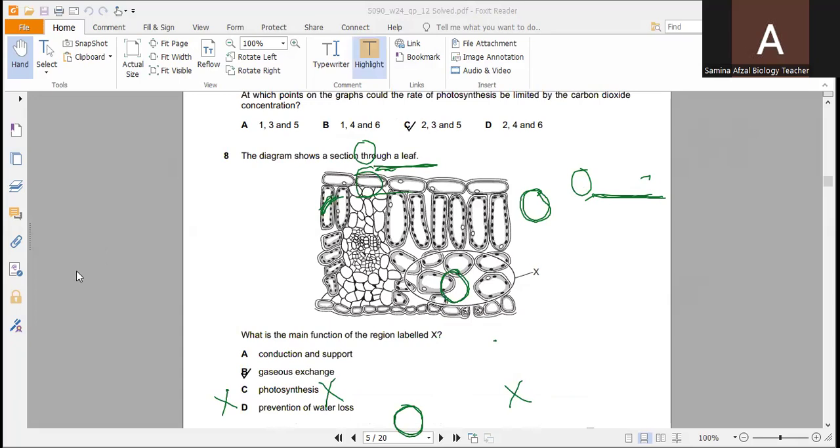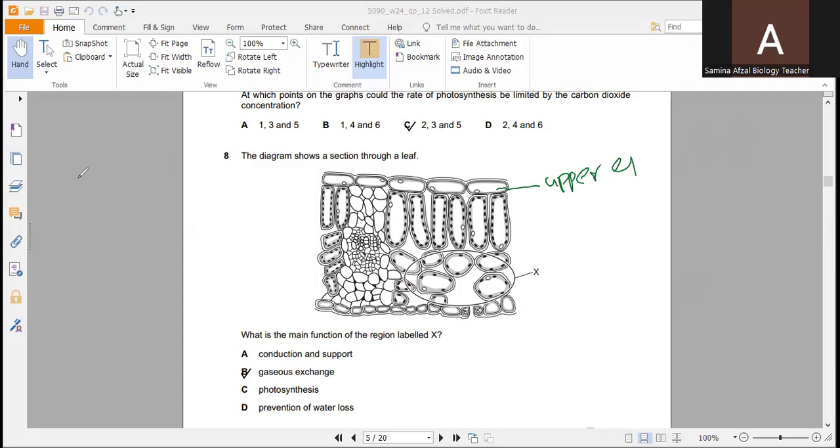Next question. The diagram shows a section through a leaf. And you can see the different parts of the leaf: the upper epidermis, palisade mesophyll, spongy mesophyll.